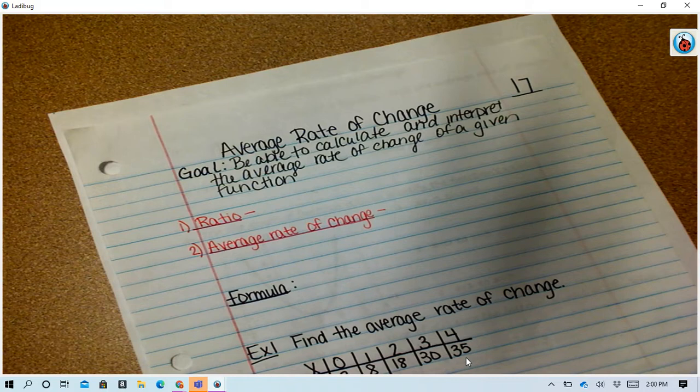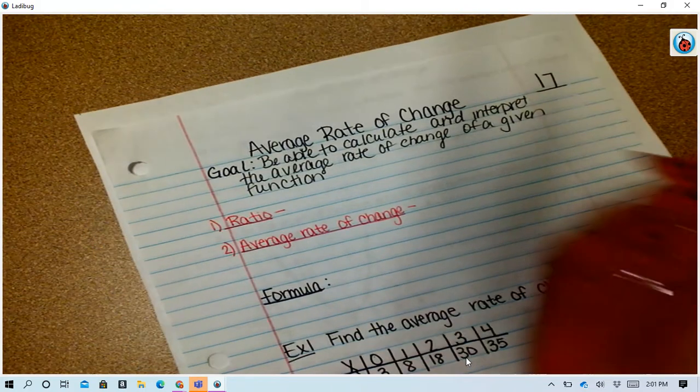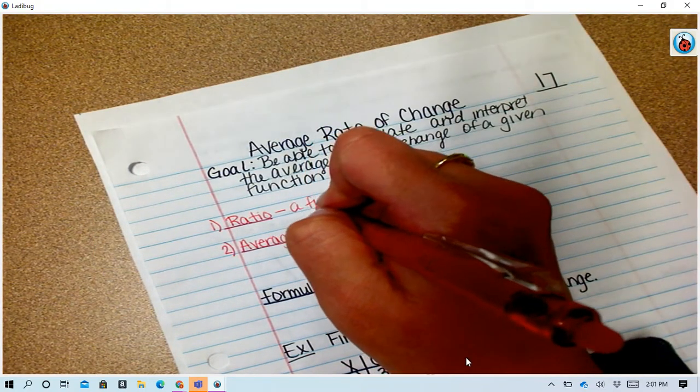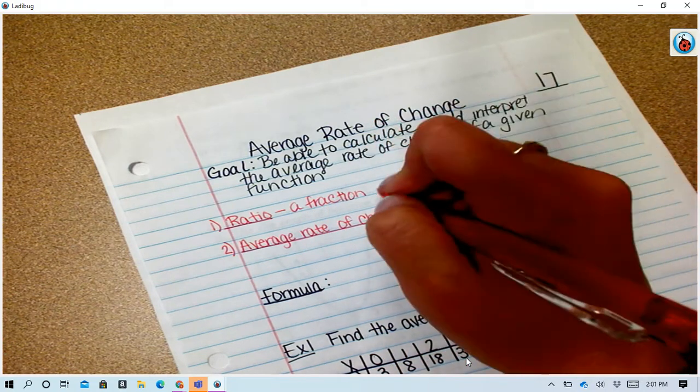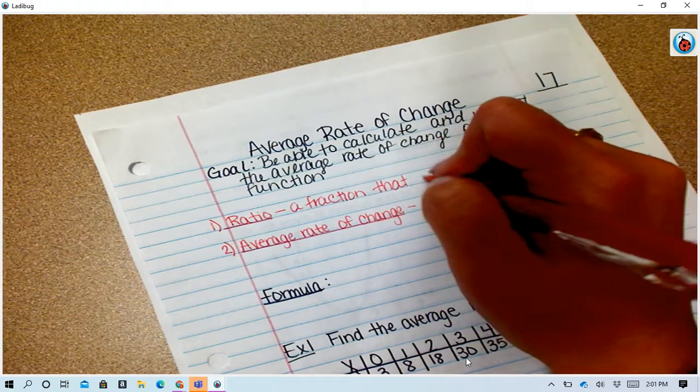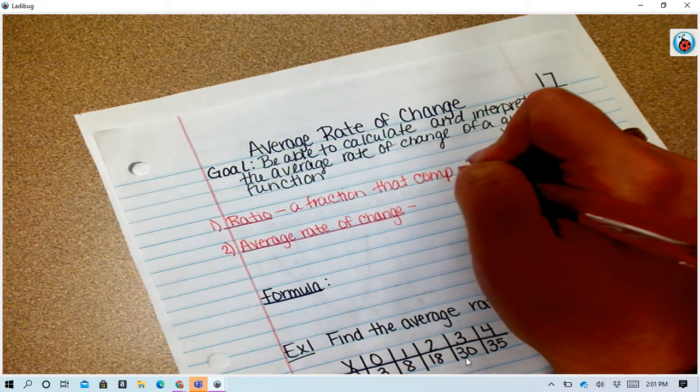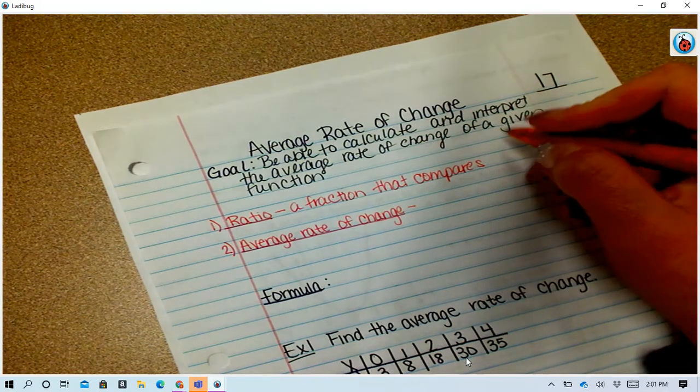And then we are going to have two definitions. The first is for a ratio, and this should be a vocabulary term that you should be familiar with. A ratio is a fraction that compares two quantities.